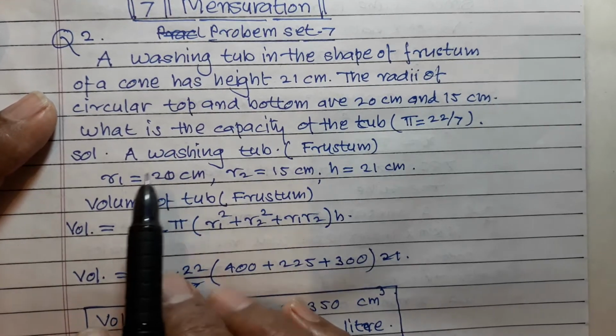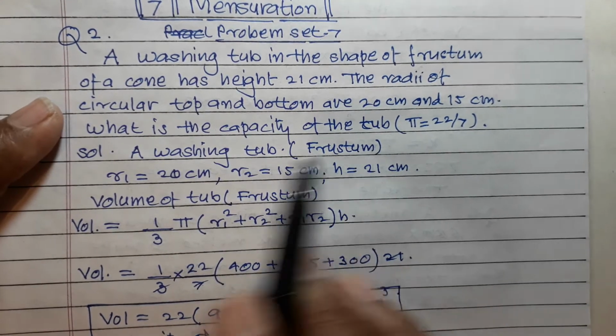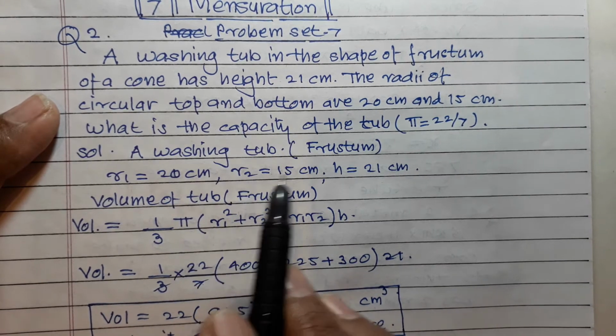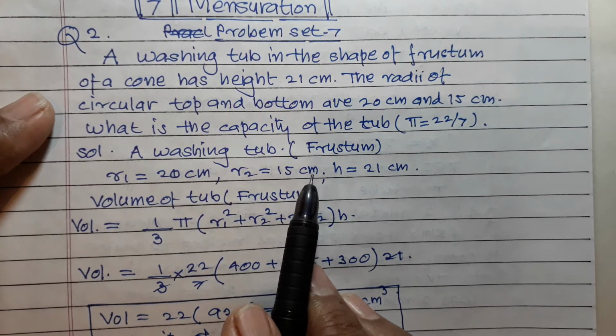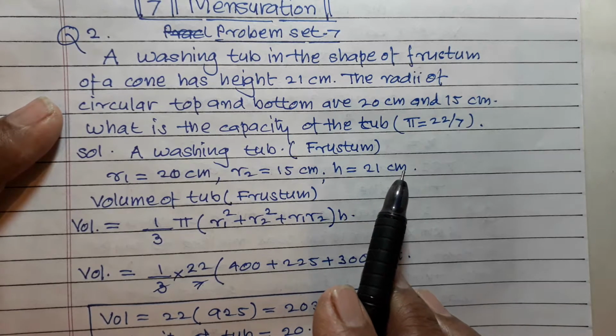Solution. A washing tub, that is frustum shape, R1 is equal to 20 centimeter, R2 is equal to 15 centimeter, H is equal to 21 centimeter.